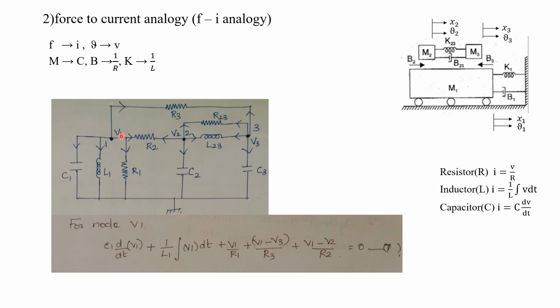Here also the two ends are at different potentials, V1 as well as V2. Now we are writing the equation for V1, so it will be V1 minus V2 divided by R2. That's the current flowing through the resistor R2. Now the sum of all these currents will be equal to 0 because at this node 1 there is no incoming current. Now similarly at node 2 as well as node 3 we can apply Kirchhoff's current law.